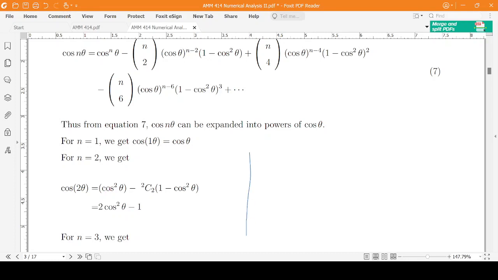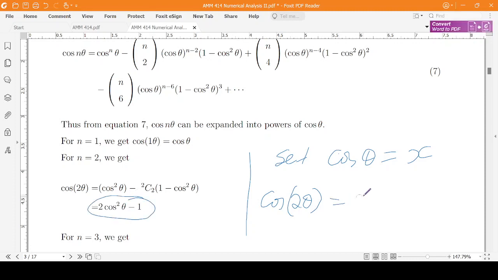And we want particularly to set cosine of theta to be equal to some value x, so that when we write cosine of 2 theta, we get 2x squared minus 1.